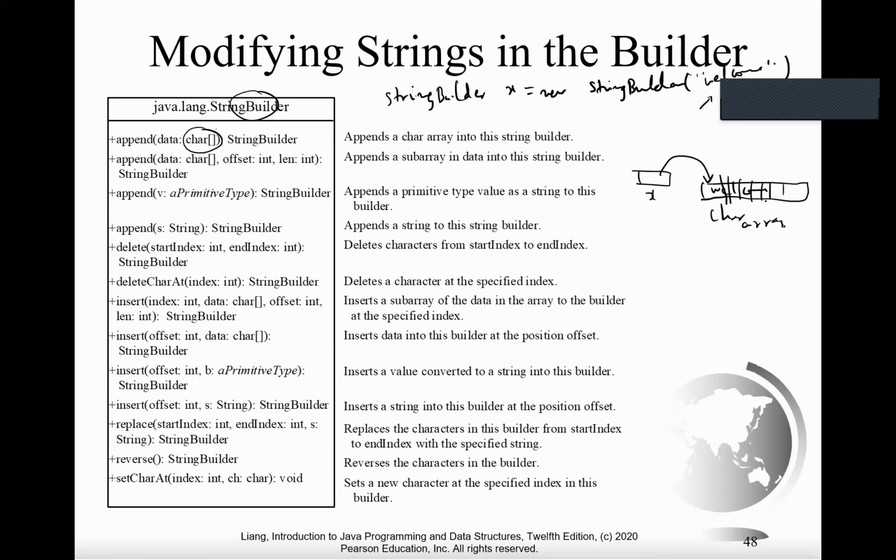But the funny part is there are 16 free. So when he is allocating memory for this object, he will take welcome. How many characters do you have in welcome? 1, 2, 3, 4, 5, 6, 7. 7 plus 16, 23 characters string he will take. And if you want to really change it, append it, you will add this here without needing to create a new string.